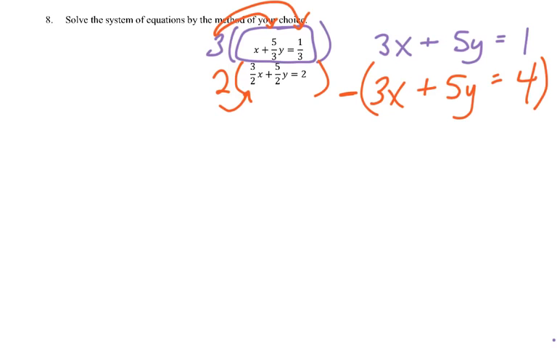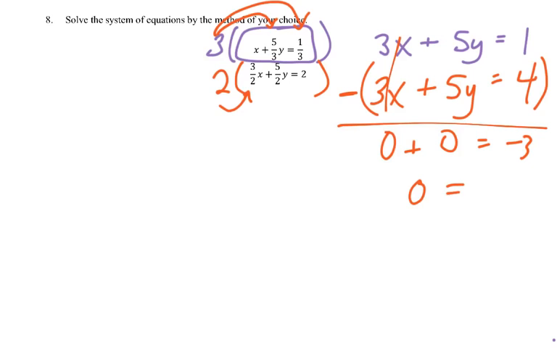So either multiply the second equation by -1 or subtract. It's going to have the same impact, because then I think of this as 3x minus 3x, which equals 0. It cancels. And then 5y minus 5y, which equals 0. It cancels. And then 1 minus 4, which is -3.